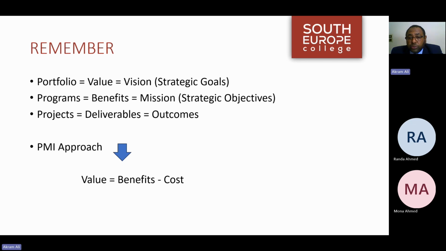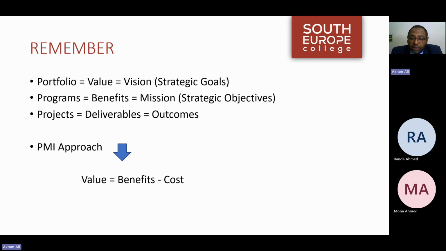We also need to consider that the terms benefit and value are often used interchangeably. However, it is important to understand their differences and the direct relationship between benefits and portfolios, programs, and projects.